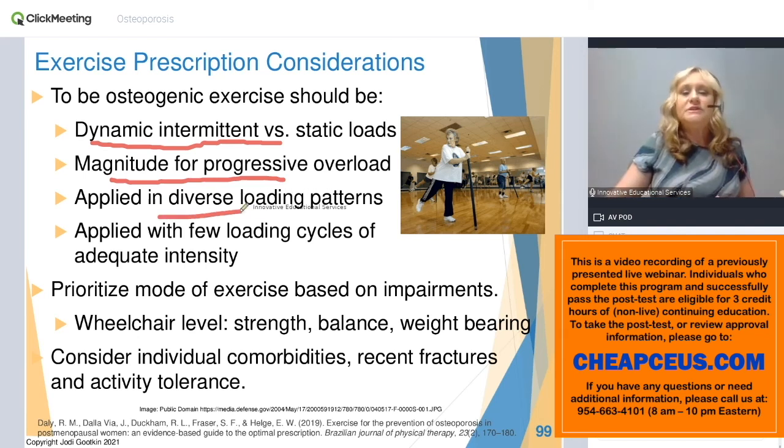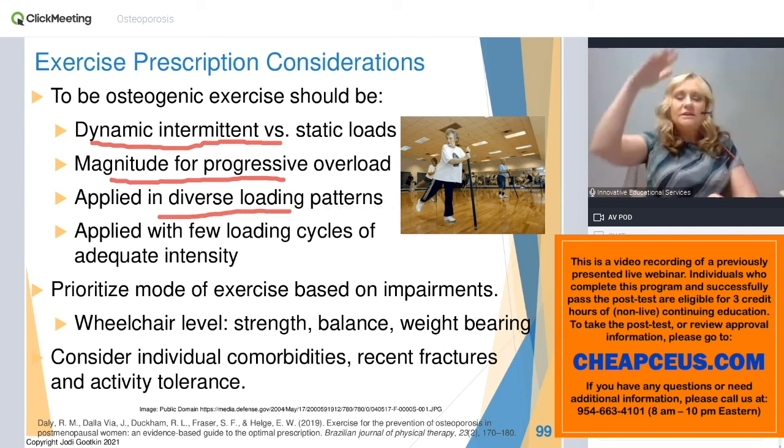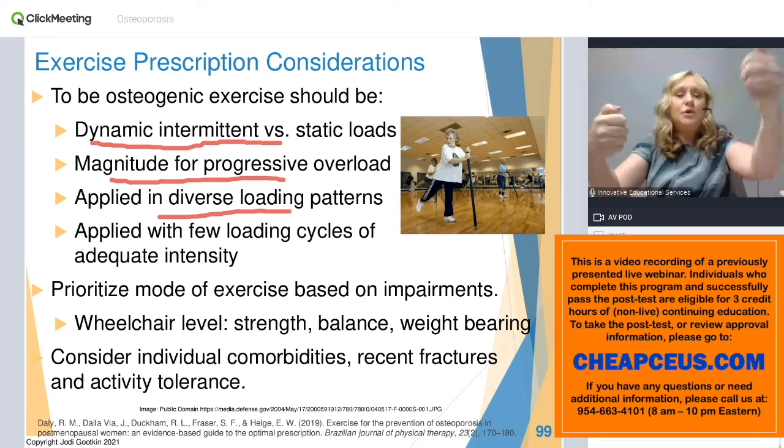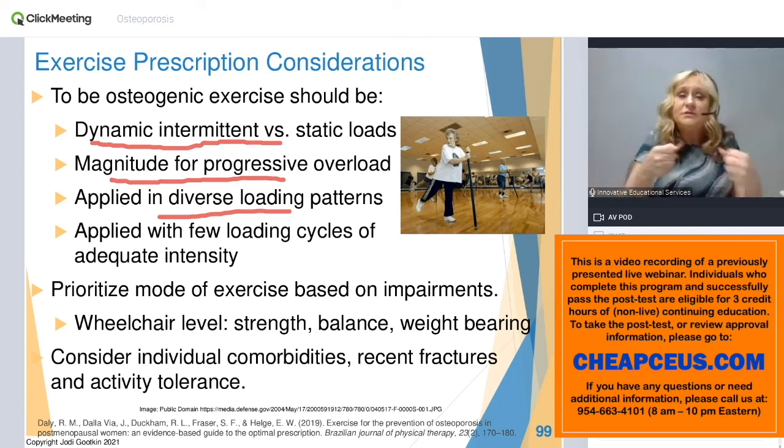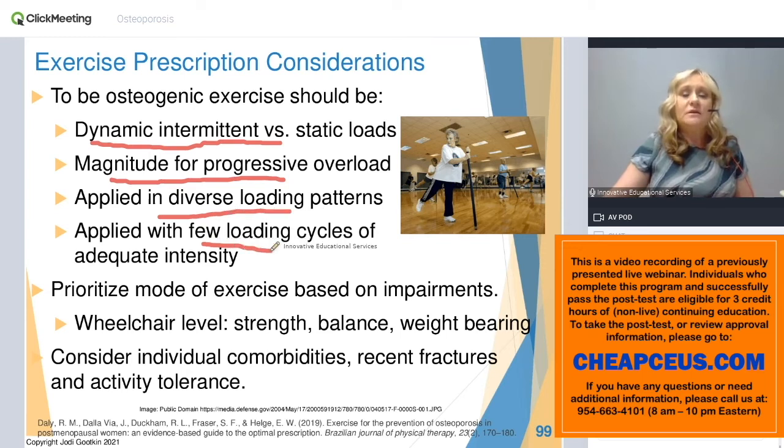It needs to be in diverse directions. Everything does not need to be a longitudinal compressive high force. Just the pull of our muscles on our bones, upper and lower and trunk from different directions, is going to stimulate bone remodeling. There should also be different cycles, so it should be loading and unloading of the bone.